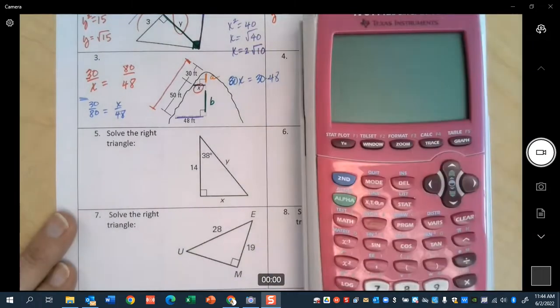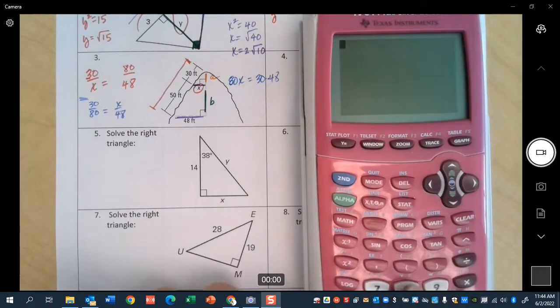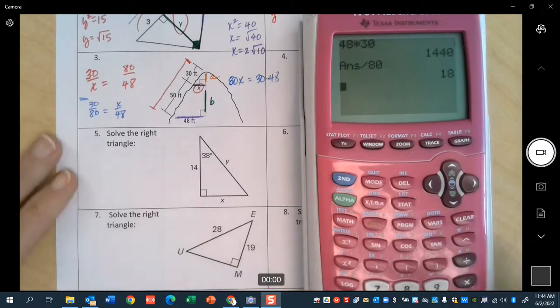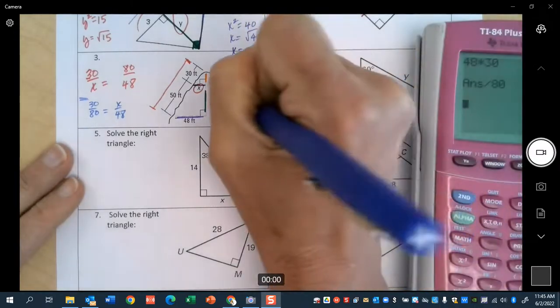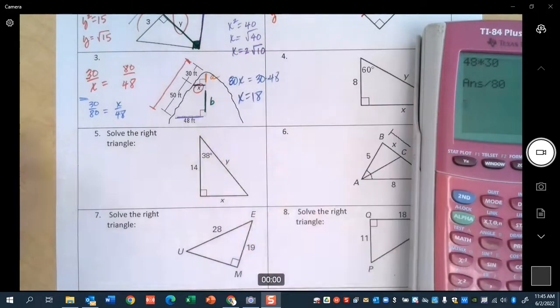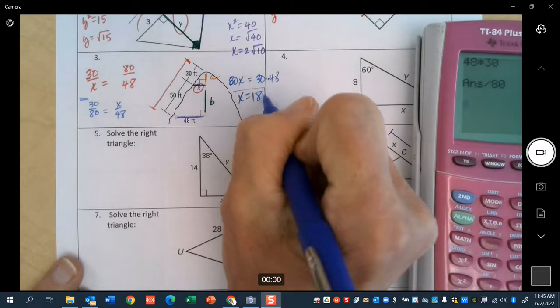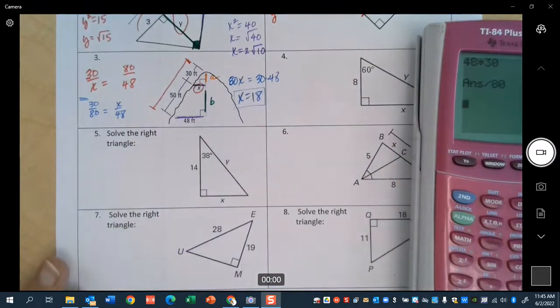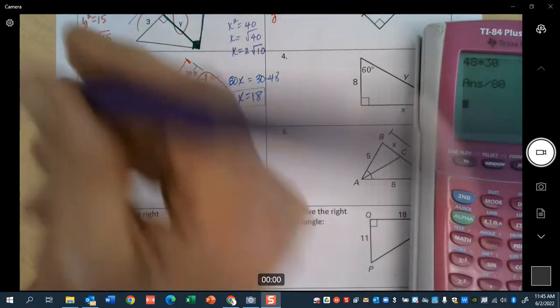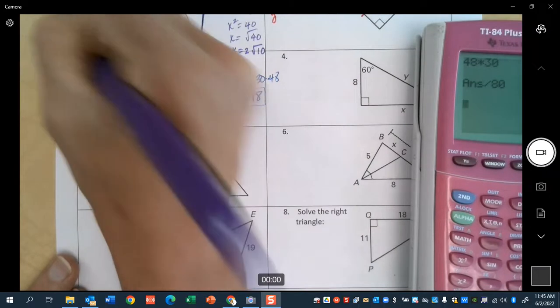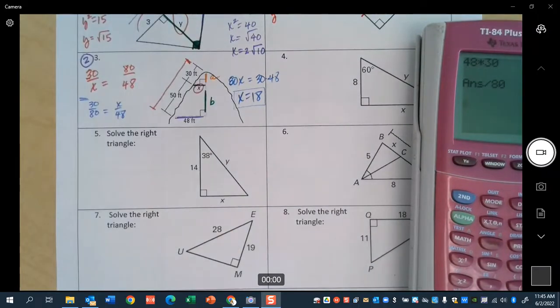Some quick calculator work. 48 times 30 divided by 80 is going to give me x has a value of 18. Give yourself 2 points for this one, one for the setup, one for solving the proportion. How are we doing so far?